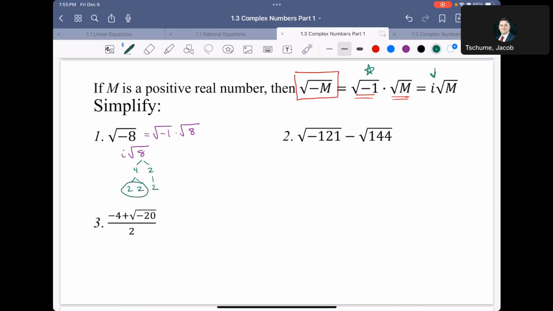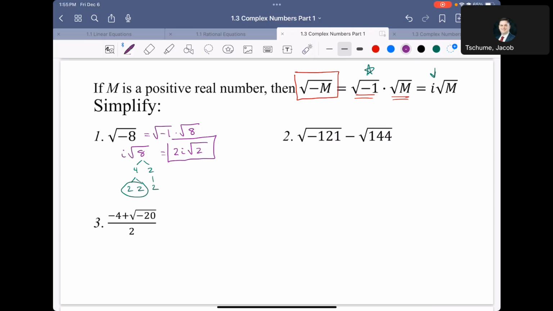In this case, I was able to pull out two of the 2's as a pair. That pair will come out front with the i and make it 2i. And then any number that you don't circle, which is the additional third 2, goes back inside of your square root. So in the end, the square root of -8 can be simplified into 2i times the square root of 2.